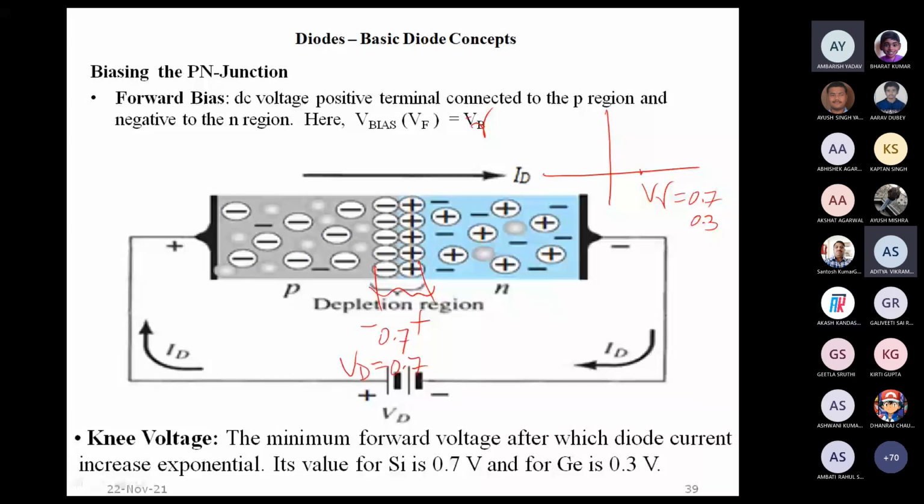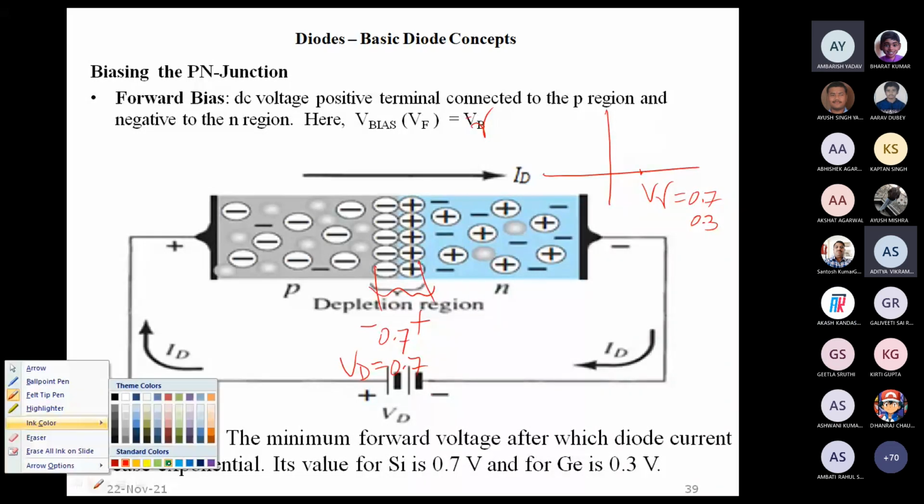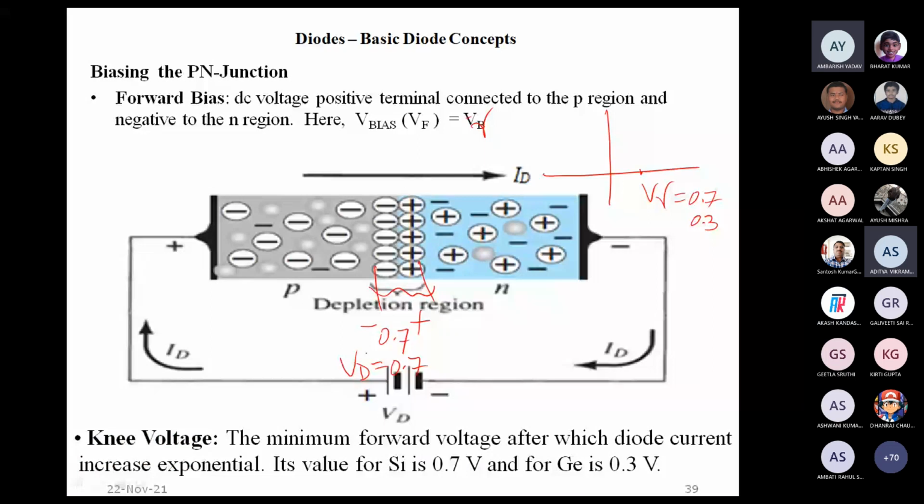Opposite polarity means we need to apply an external voltage with the same value with opposite polarity to compensate for the effect of this internal potential barrier. So up to this 0.7 volt of externally applied voltage, we are just working against the internal field, and we do not make the carriers conduct till then.